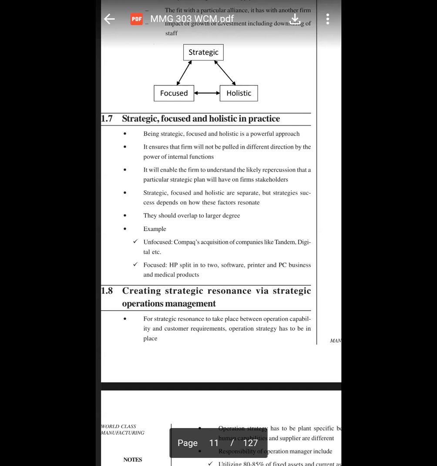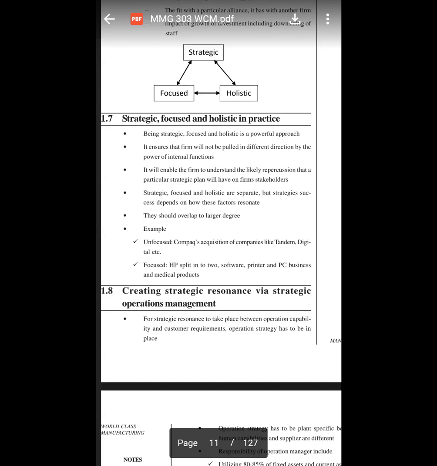It will enable the firms to understand the likely repercussions that a particular strategic plan will have on the firm's stakeholders. Strategic focus and holistic are separate, but strategic success depends on how these factors resonate. Okay, now there are certain strategic focus and holistics in practices.